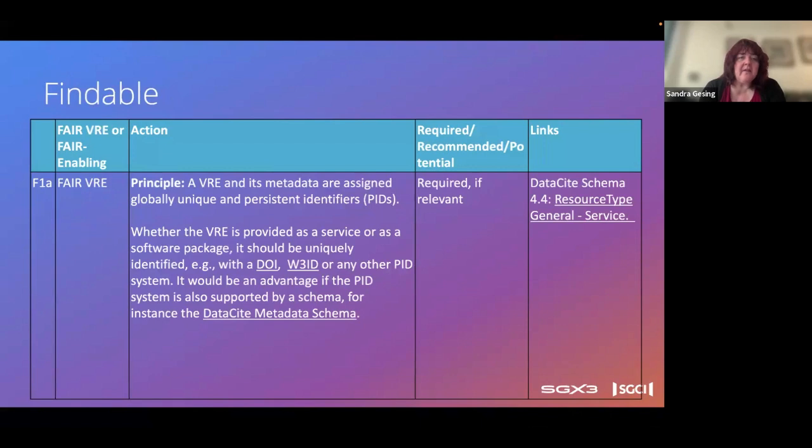So for example, if we look at the findable one, we have examples that a VRE and its metadata are assigned globally unique and persistent identifiers. And you can find things like DataCite schema and resource type general service.